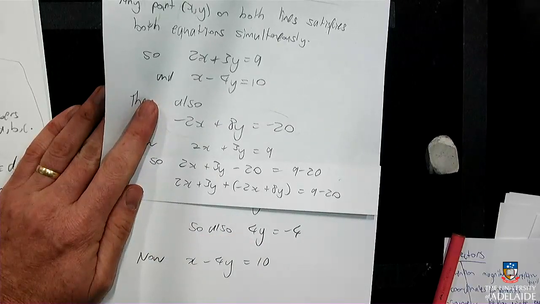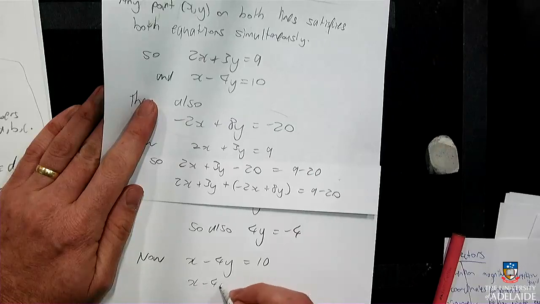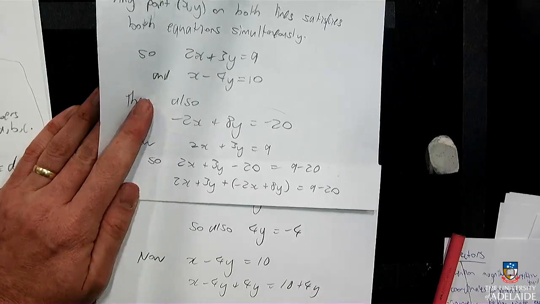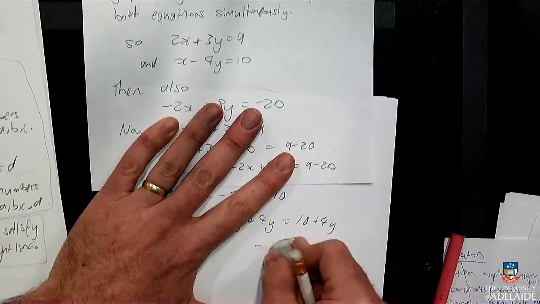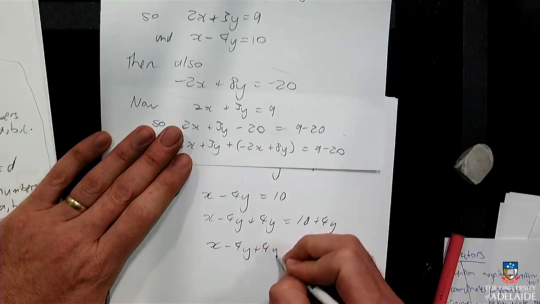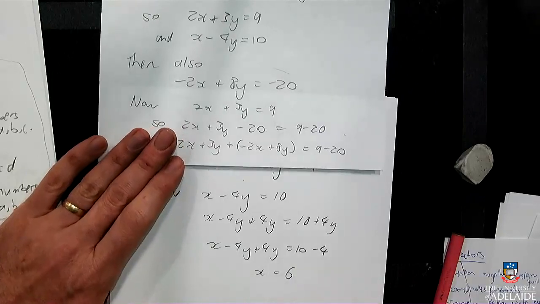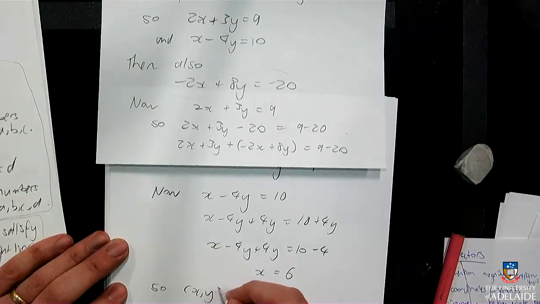Yeah? And so x minus 4y plus 4y must be 10 plus 4y, because I'm allowed to add the same thing to both sides, which means that x is... But just wait. 4y is the same as minus 4, isn't it? And so x must be 6. So the point x, y, which is on both lines, must be 6, negative 1.